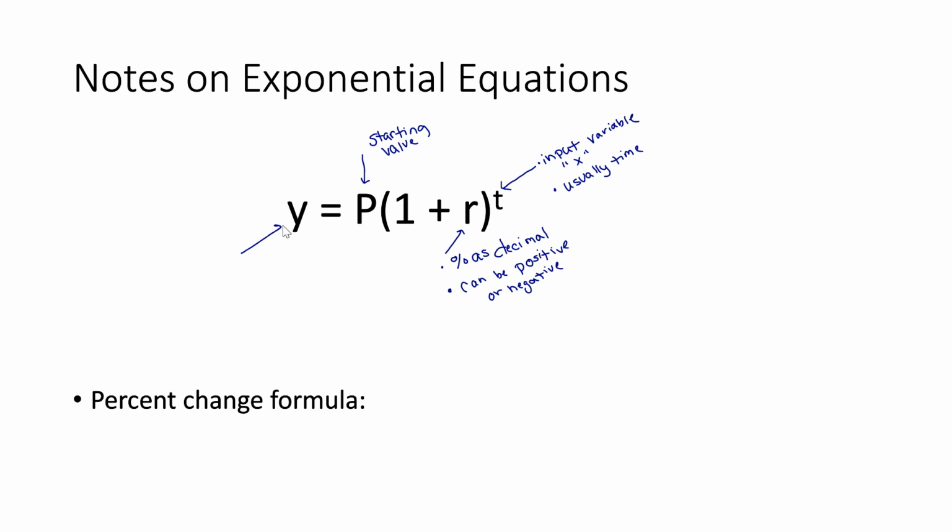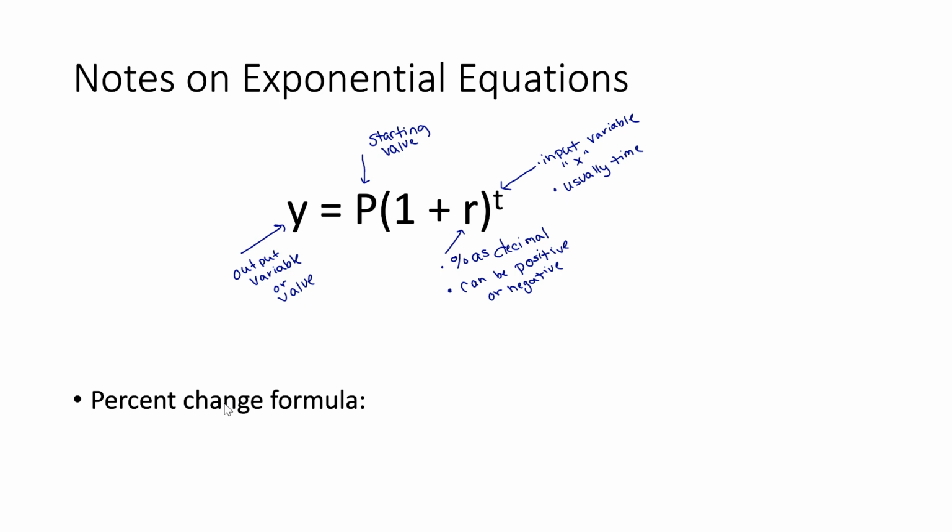And then the y is our output variable. And our output variable is often going to be the value in the problem. So like, what is the value of this? What is the value of that? How many people? How much disease?